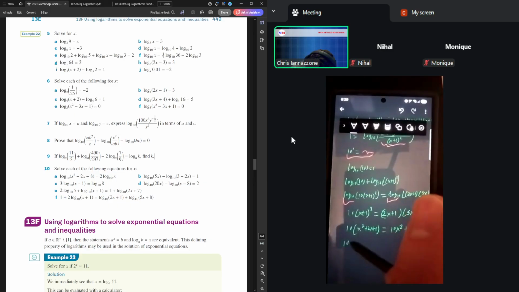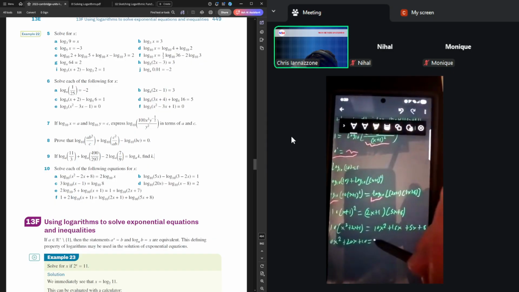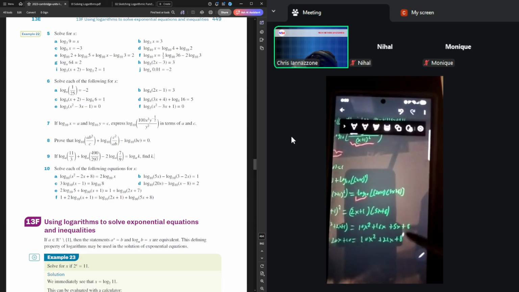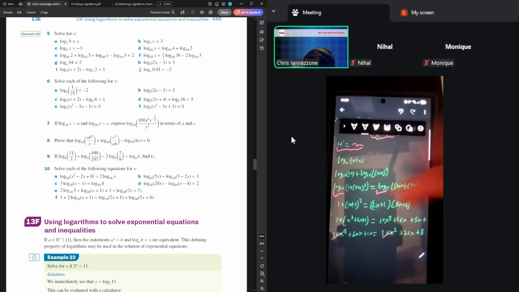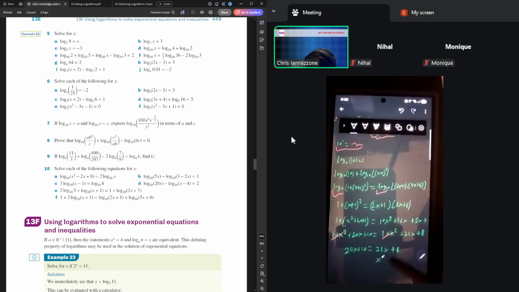Expand this further, 10x squared plus 20x plus 10 is equal to, yeah, we can actually simplify this further, 10x squared, 16 and 5 for 21x, plus the 8. Quadratic parts cancel out, and yeah, we just continue from there. 20x plus 10 equals 21x plus 8. And lastly, well, that's a difference of 1, so you're going to have an x, that's a difference of 2, so you're going to have 2 equals x.